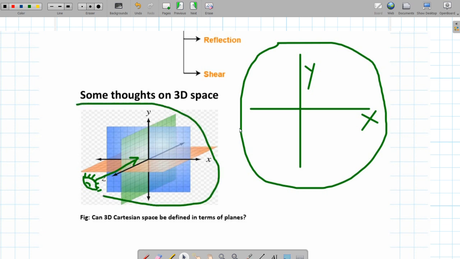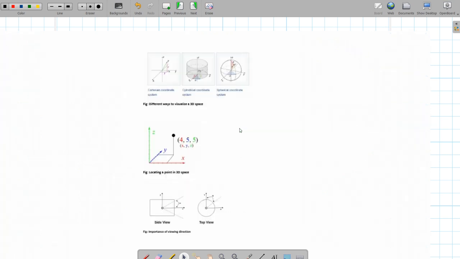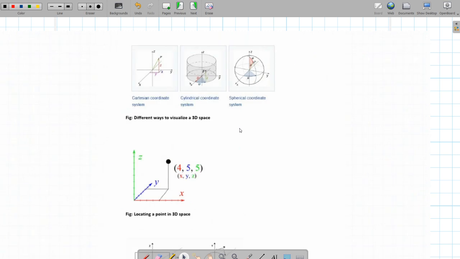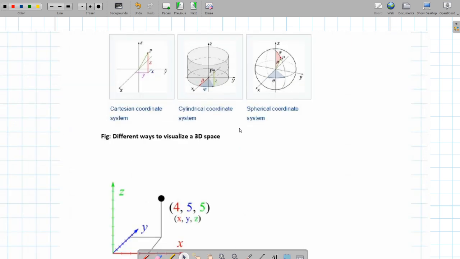Now let me explore some more properties of three-dimensional space. Here you have three different types of representation for three-dimensional space. You can represent it by orthogonal axis, xyz axis, using Cartesian coordinate system. You know that a three-dimensional space can be represented as if everything is inside a cylinder, as it is being done in cylindrical coordinate system. Then you can represent it using spherical coordinate system.